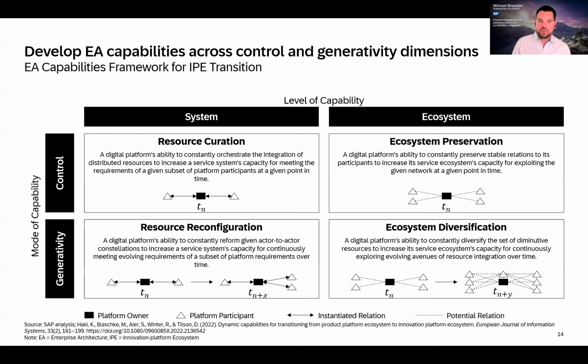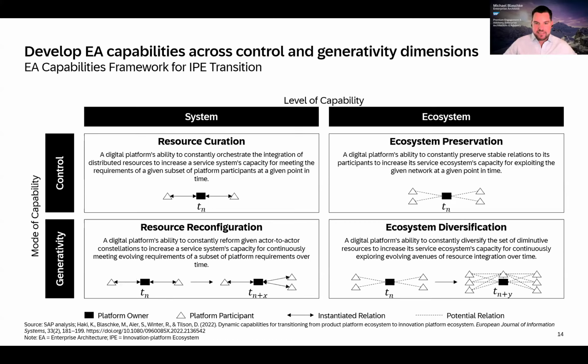Here, like urban planning that maintains neighborhood stability while encouraging strategic new development of the neighborhood, enterprise architecture here defines governance frameworks that keep existing partners engaged during the ecosystem evolution. Yeah? Enterprise architects seek to preserve the ecosystem.